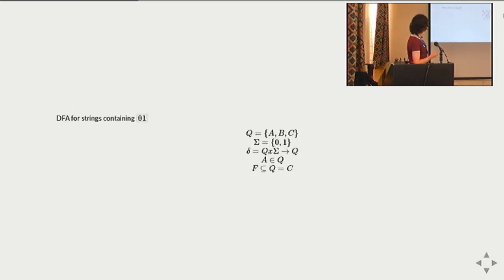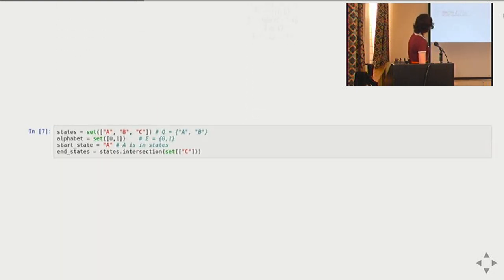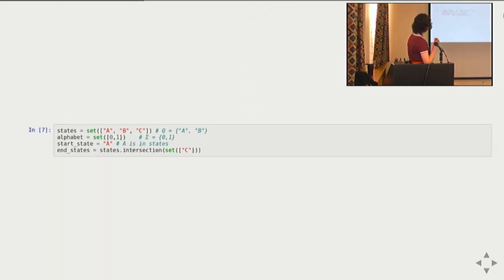There we go. Yep, there's the maths. Nobody needs to see the nice pretty graph to understand what that means, right? Well, it's a bit clearer if I display it as some code here. So Q equals A, B and C is the set of states in our state machine.